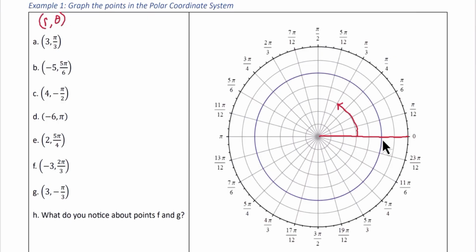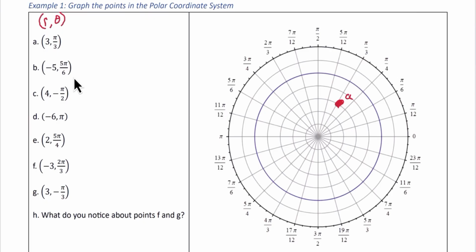And then that's our terminal side. Where the angle stops is our terminal side. Now, the distance from the pole has to be 3 units. So we're going from the pole 1, 2, 3 units away. This point is point A.